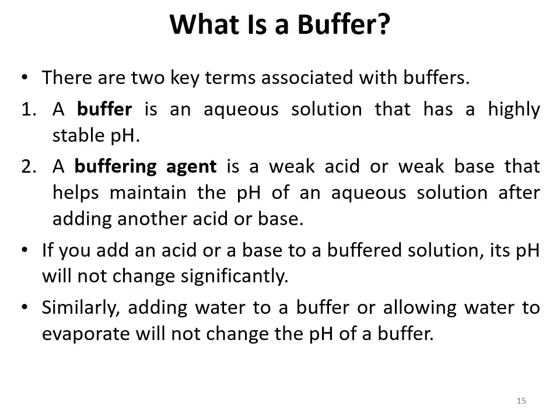A buffer solution is an aqueous solution consisting of a mixture of a weak acid and its conjugate base, or a weak base and its conjugate acid. It is used as a means of keeping pH at a nearly constant value in a wide variety of chemical applications.